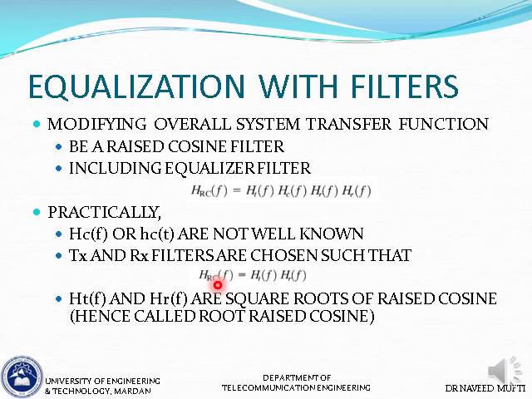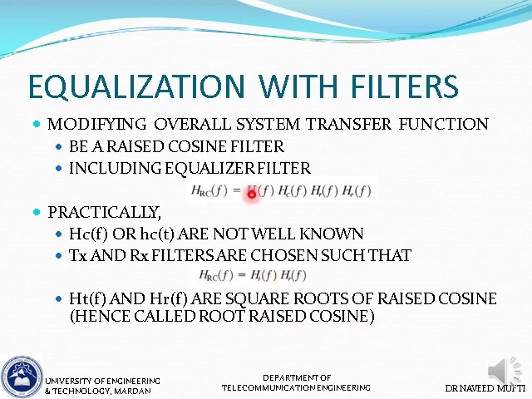It means that H_T of f and H_R of f become the square roots of the raised cosine. This one equals the square root of raised cosine, this one equals the square root of raised cosine, and their product is raised cosine. That is where the name root raised cosine comes from. That is what we can endeavor to do in order to equalize. That's the first thing we do: we make their product equal to raised cosine.